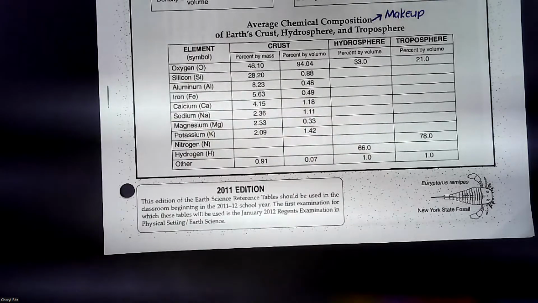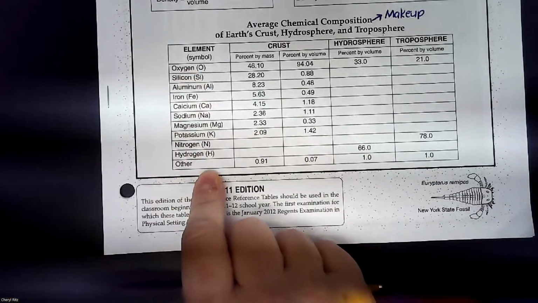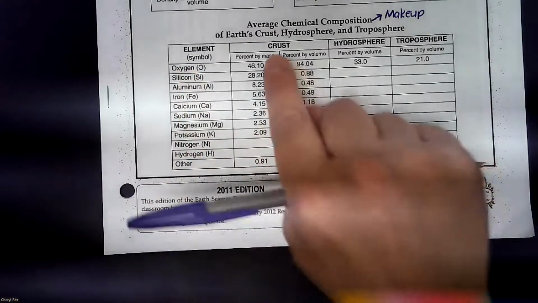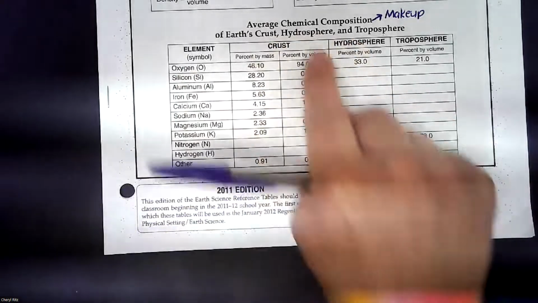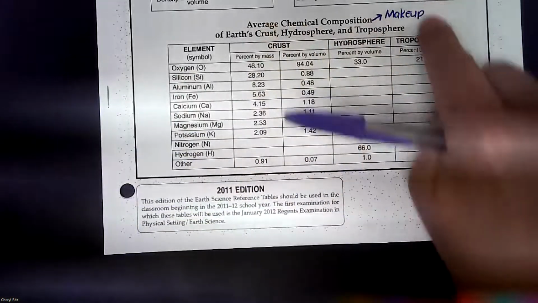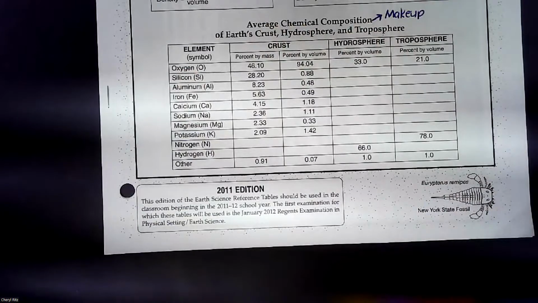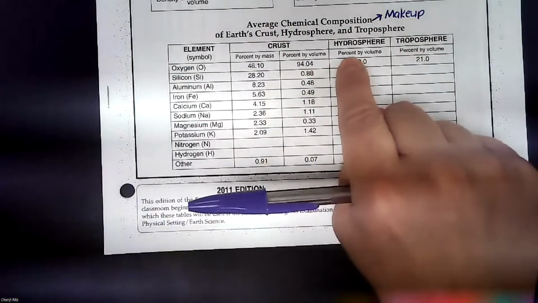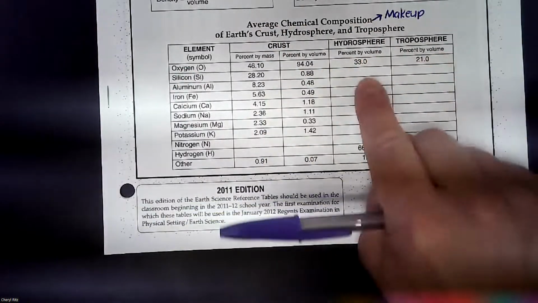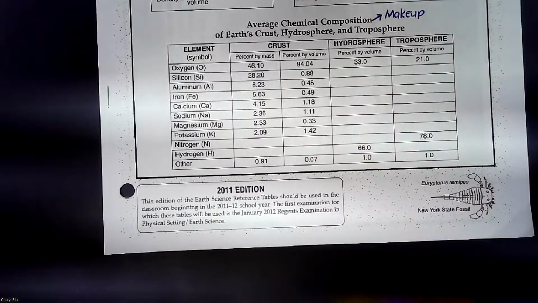When they say elements, they're talking about those things. Then they tell you in each layer, here's the crust, here's the hydrosphere, here's the troposphere. They tell you the percent by volume of each one of those elements.